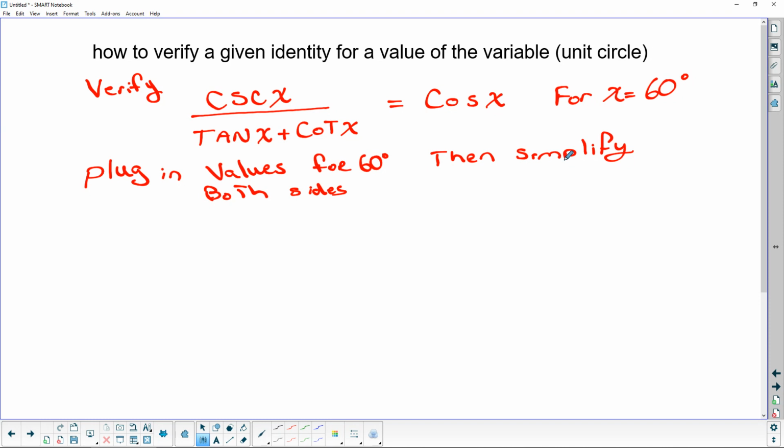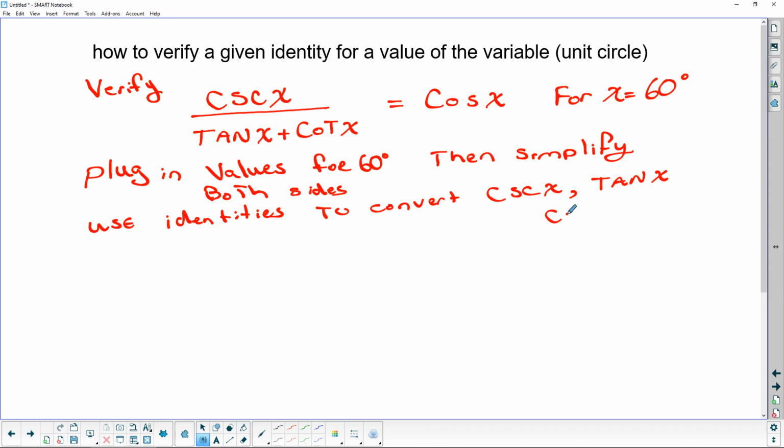Okay, and we're going to use some identities. Cosecant isn't on the unit circle, tangent isn't on the unit circle, and cotangent isn't on the unit circle. So we're going to use the identities to convert cosecant, tan, and cotan x into sine and cosine.